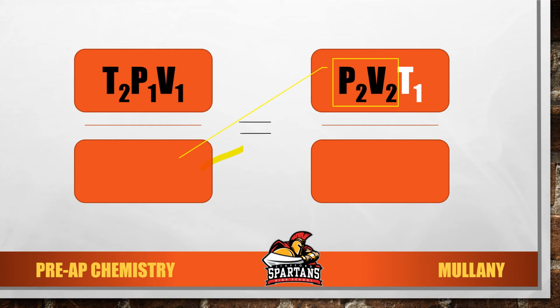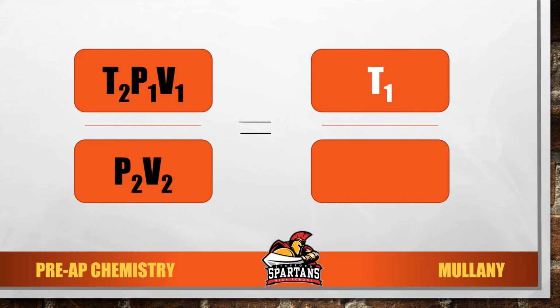I'll just move P2, V2 at the same time because it's quicker. You can do it one at a time if you want, but there's no point in doing it one at a time when you can just go bam, move them both together like so. And so we end up with our unknown T1 is equal to T2 P1 V1 over P2 V2.